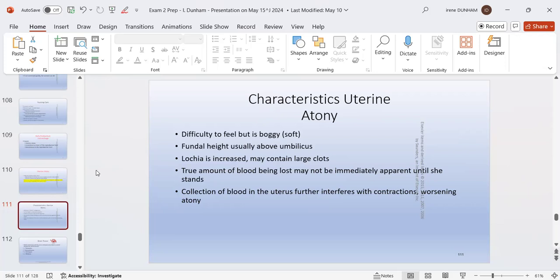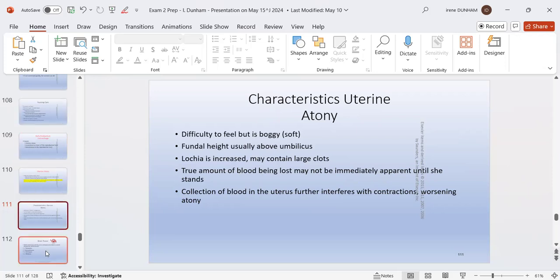And then I'm going to check to see the lochia. Is she having bleeding with clots? Because that's why her uterus is not firming up either. Sometimes they have retained placenta fragments up there, and it causes that uterus not to be able to what? To contract.